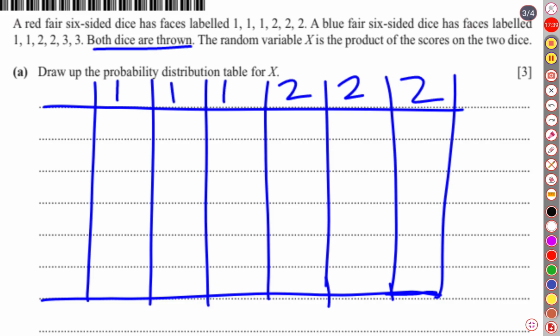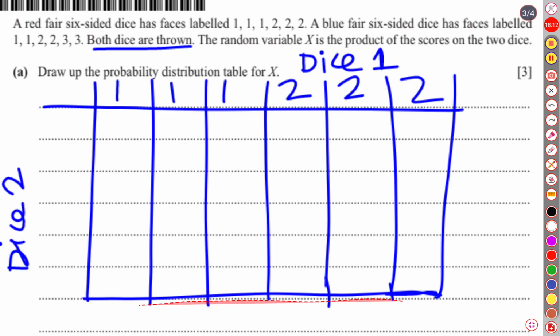These are the faces of dice 1, and on the left side we may write dice 2, the blue dice, whatever you call it. For dice 2, the faces are 1, 1, 2, 2 and 3, 3.